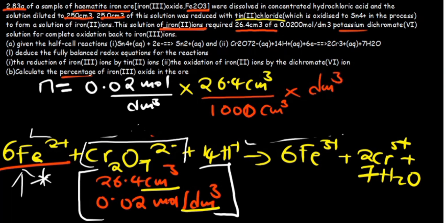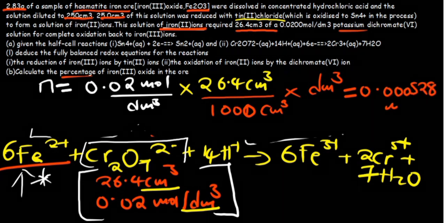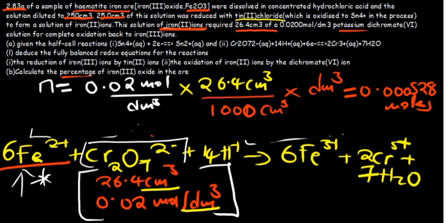If we multiply that 0.02 by that, what do we have as our number of moles? I'm getting 0.000528. Those are the number of moles present in the second reaction for the dichromate ions.